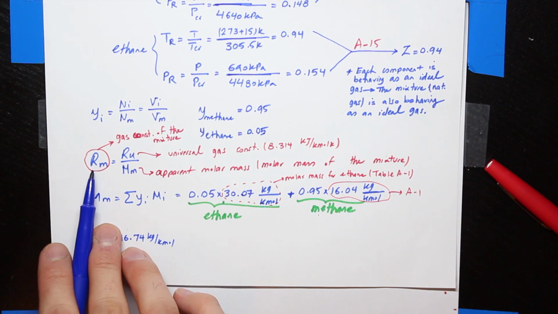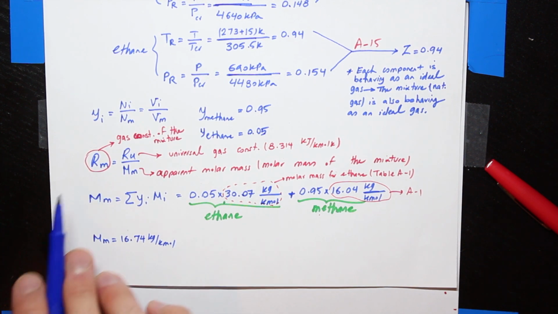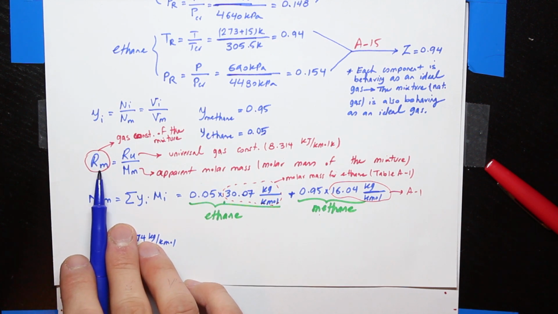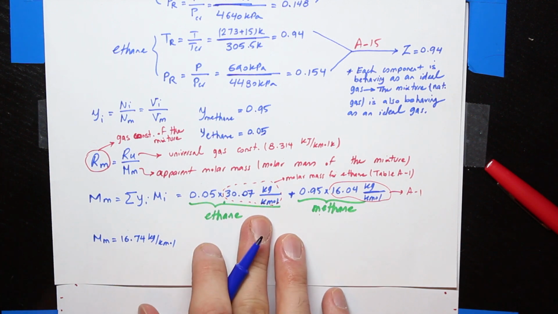Okay, now that I have this Mm, I'm going to plug that into this equation and solve for Rm, because this is what I'm looking for. I'm doing all this calculation to come up with this Rm. If I have Rm, then technically I can solve the rest of the problem.